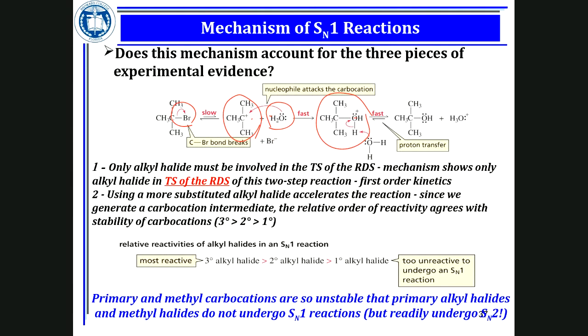It's very unstable because of the plus charge on the oxygen. Why didn't we put the plus charge in other places? Because that was the role of our nucleophile, to come in and help the carbocation be stable. So it says, okay, give me your plus charge, I'm going to help you.